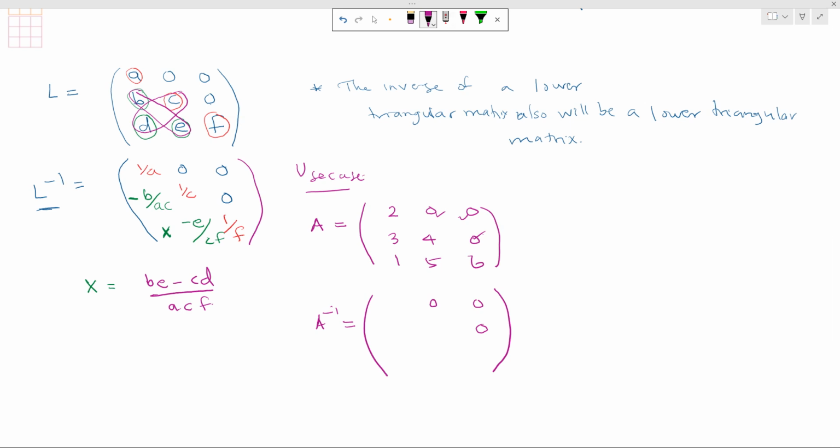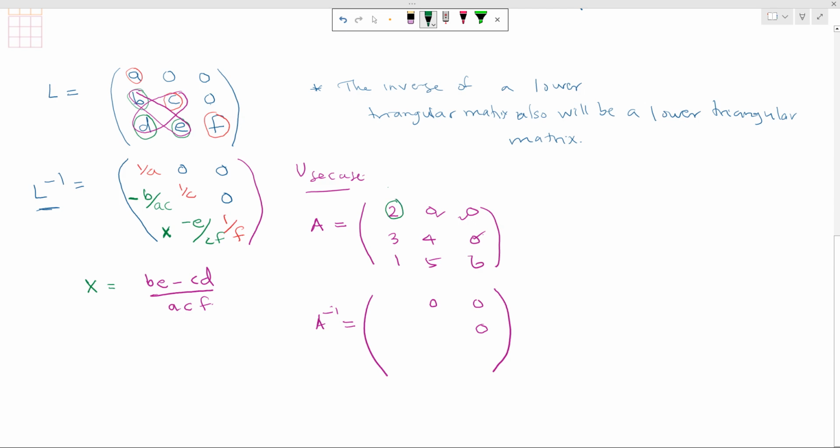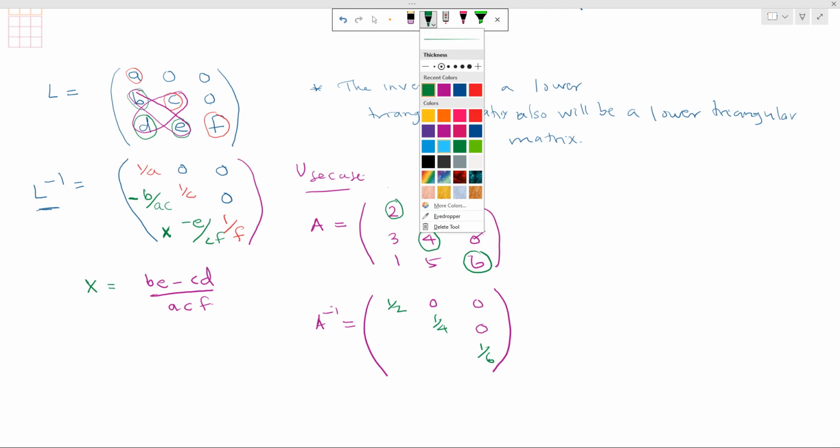Now again I have to go for the diagonal entries of that inverse. Then I can use the reciprocal of the diagonal entries in the original matrix. Then it will be 1 by 2, then this will be 1 by 4, then this will be 1 by 6. Now I have to find out the entries corresponding to these entries.